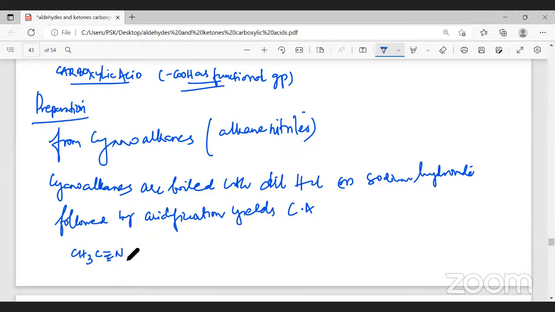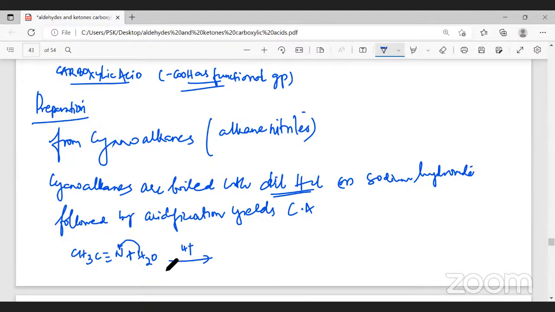In ethane nitrile, the bonding between carbon and nitrogen is a triple bond. When you boil it with dilute hydrochloric acid, it undergoes hydrolysis.